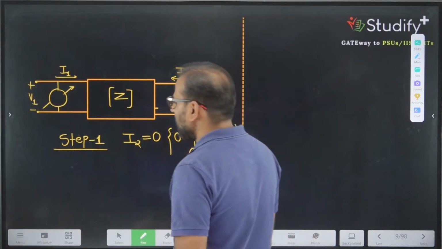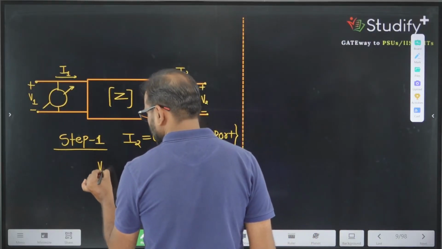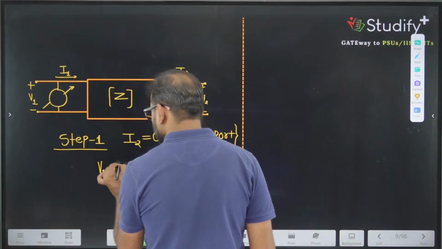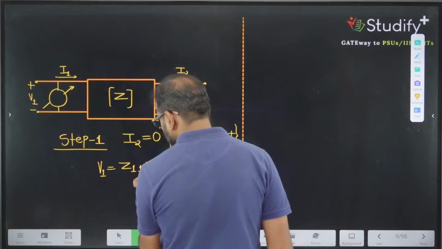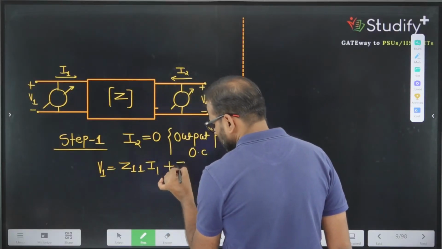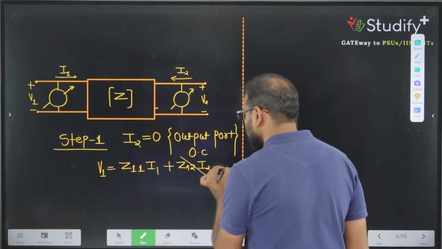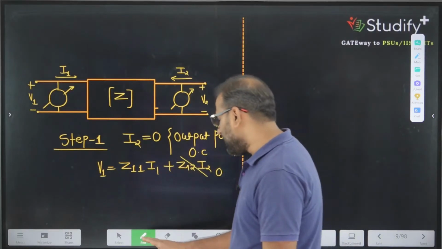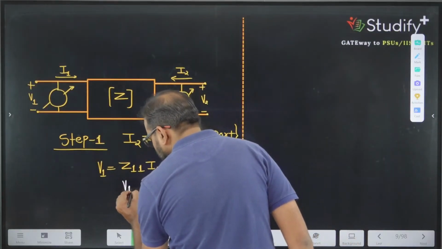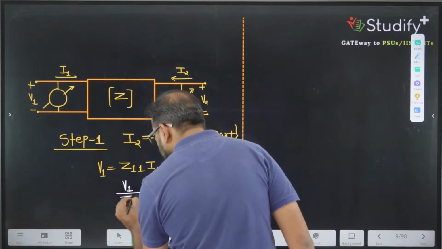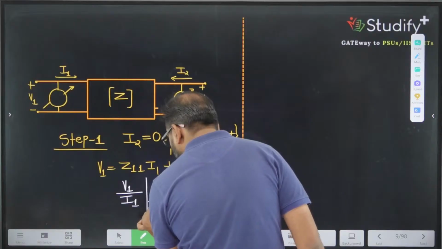If I make I2 equal to 0 in our equation, V1 will be Z11 into I1 plus Z12 into I2. With I2 equal to 0, the second term will be 0, and we have the first parameter, which is V1 divided by I1.